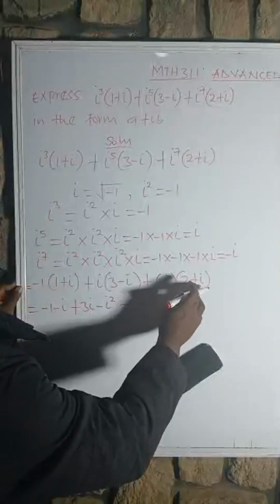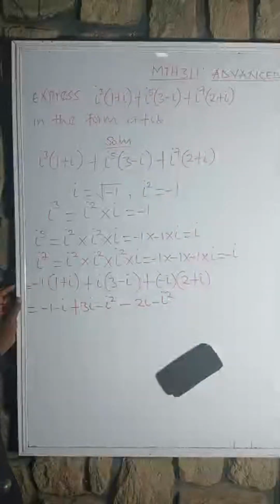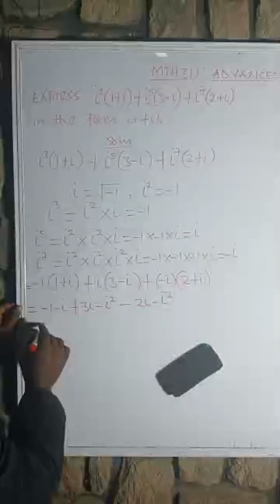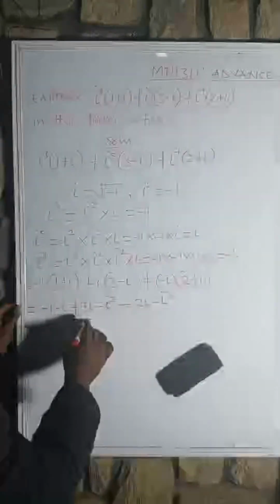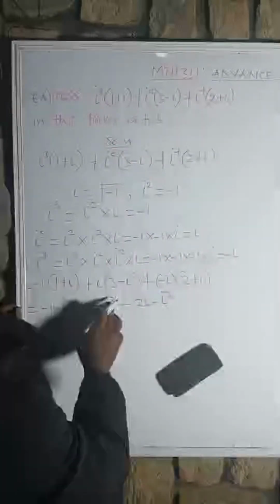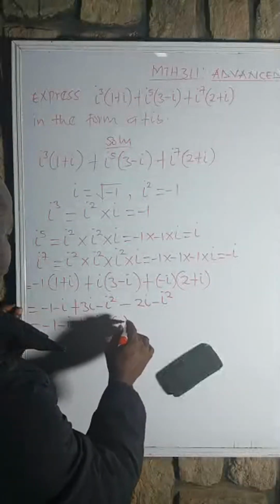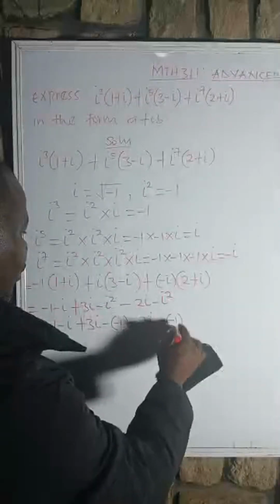Minus I times plus I is minus I squared. Then this is minus 1 minus I plus 3I. Then I squared is minus 1.